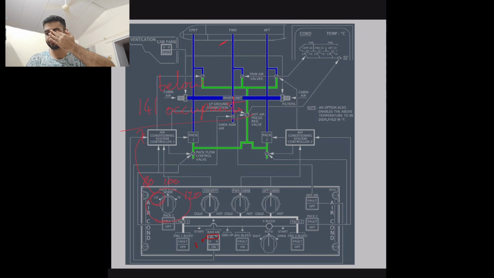Whenever APU bleed is selected on, or we are on single pack operations, then we are on high flow no matter what.